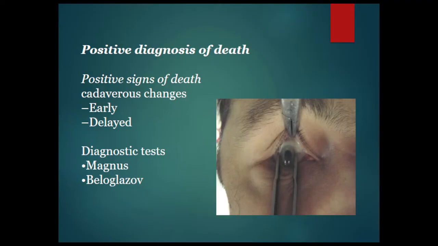But the Magnus test is too long. It takes much time. That's why in practice it is not used anymore. The Beloglazov symptom is simple and can be done easily. That's why it is useful for examination of the body at the crime scene, for example, to diagnose death.